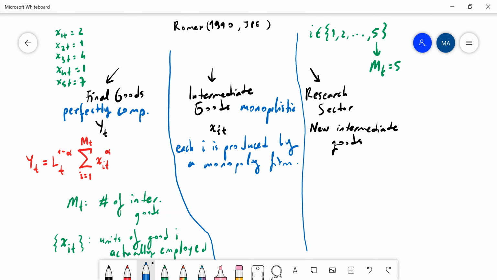So the model does not exactly correspond to what will happen in the real world, but it is not a totally crazy assumption to assume that there is some market power that incentivizes innovation, right?